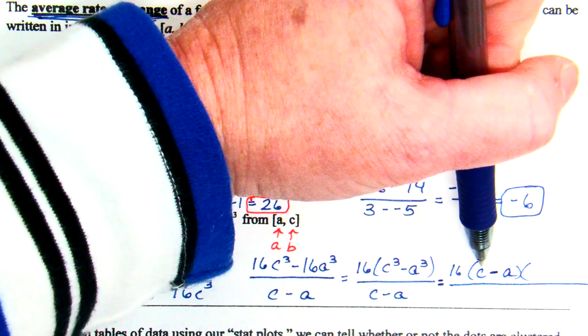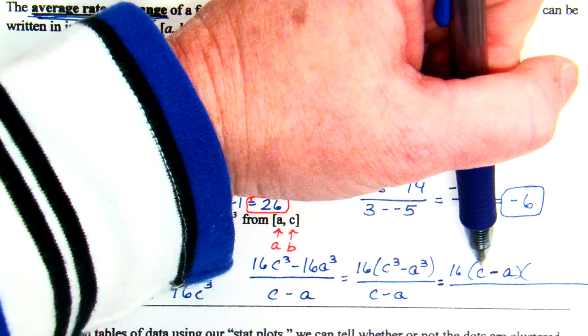For the middle term, you multiply the two cube roots, C times A, which is CA, or I prefer to say AC, just because I go alphabetical.